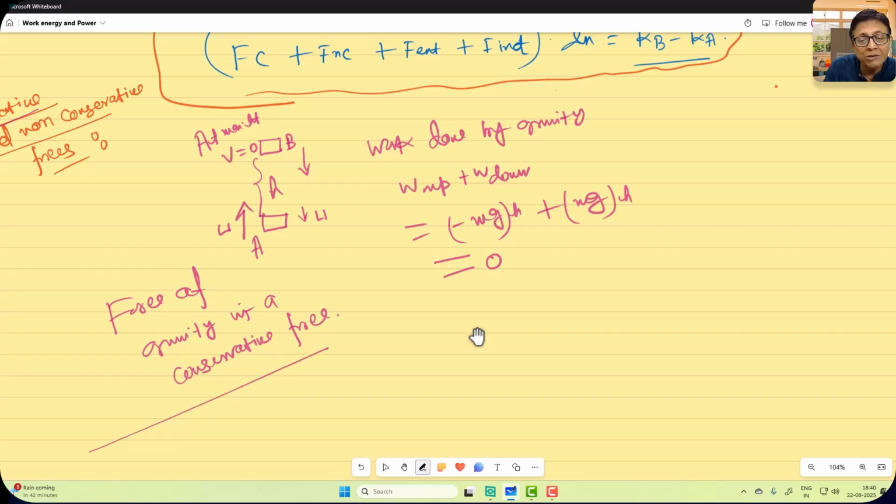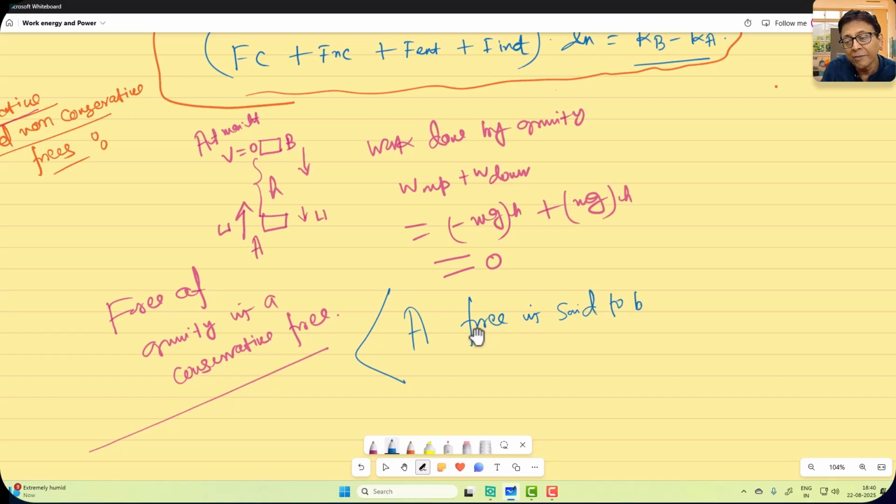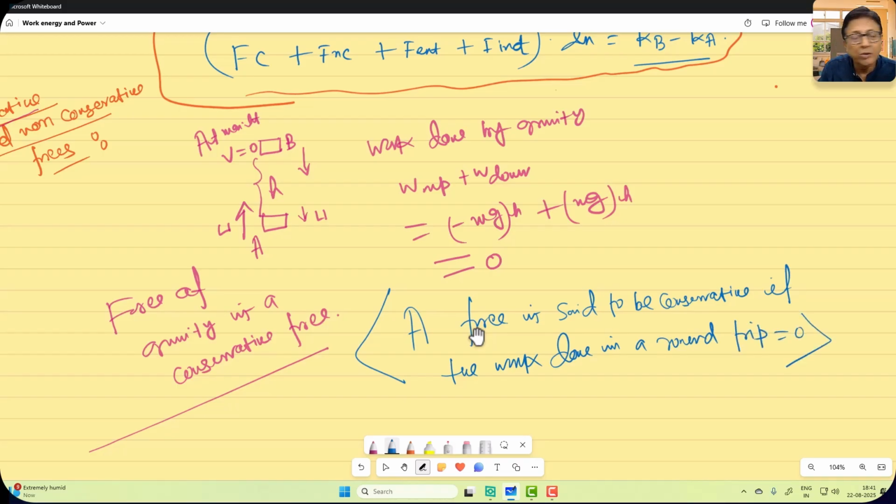Why is it a conservative force? A force is said to be conservative if the work done in a round trip is equal to 0.